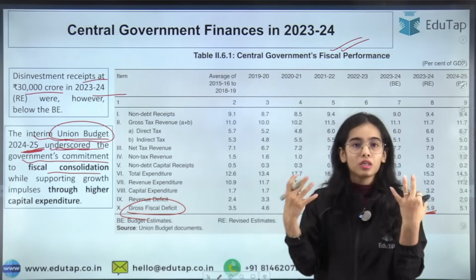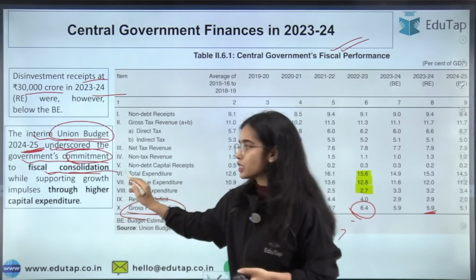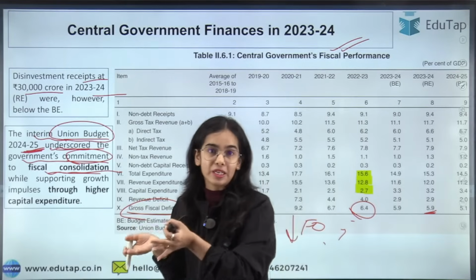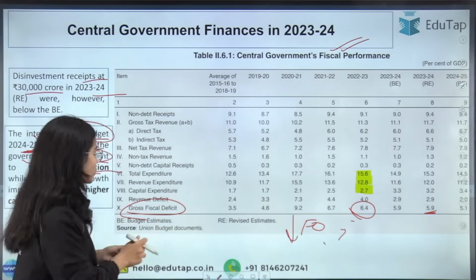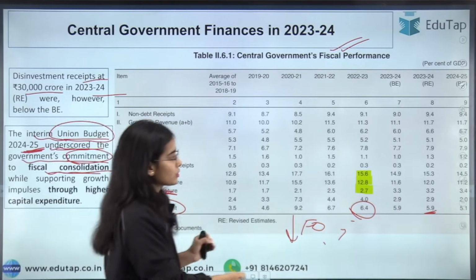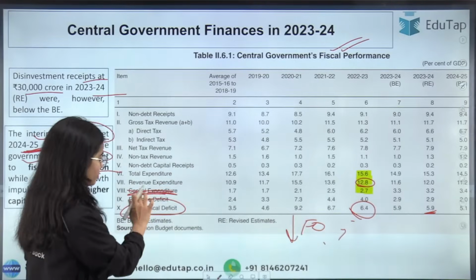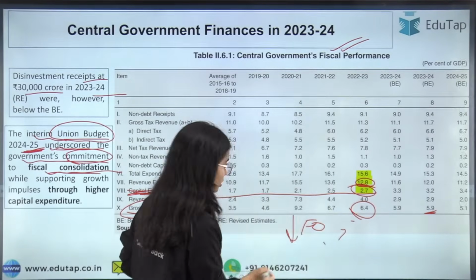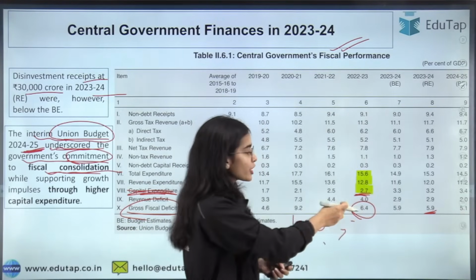So this shows the commitment of the government to fiscal consolidation, and the government is also promoting higher capital expenditure, because capital expenditure means assets will be developed in the country. Here the capital expenditure was 2.7% in 2022-23.